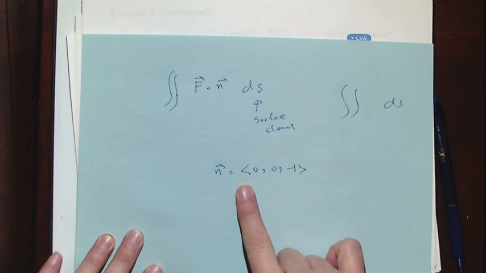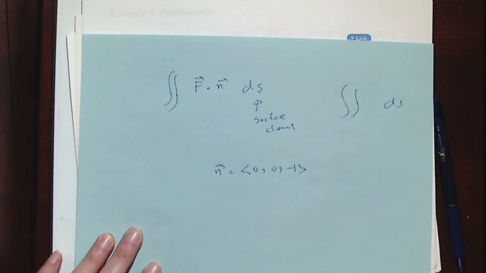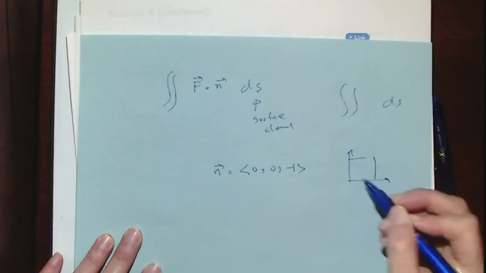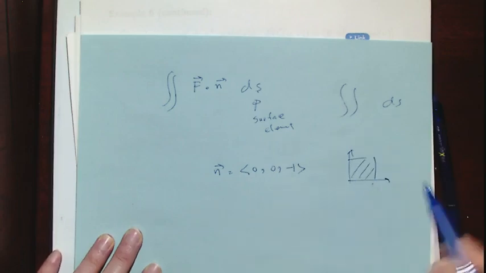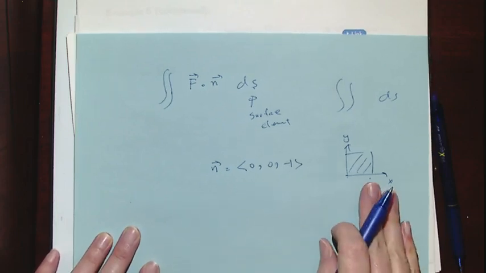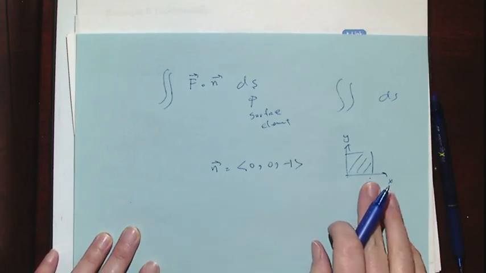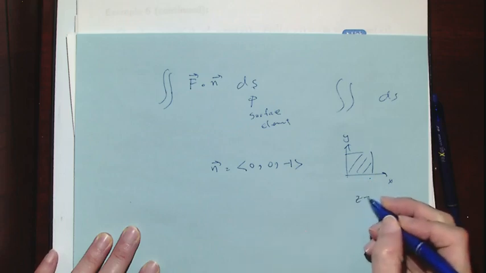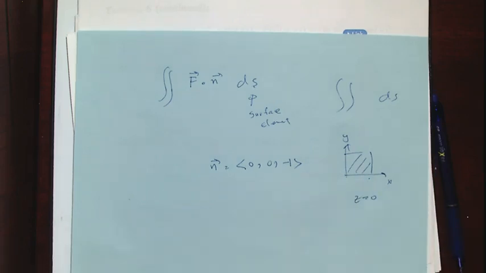And I want to look at this picture. What is on this picture? Can x and y be negative? No. x and y are both positive. How about z? What's the value of z on this picture? z is equal to 0.